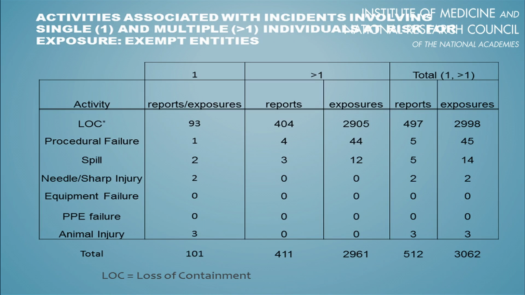When we looked at the reports from exempt entities, we found that the loss of containment condition was by far the most common activity associated with exposures, whether it be in a single exposure event or in a multiple exposure event.